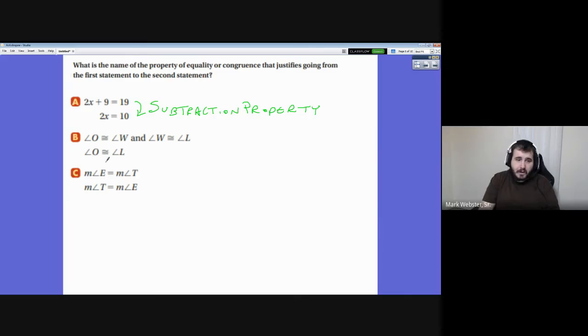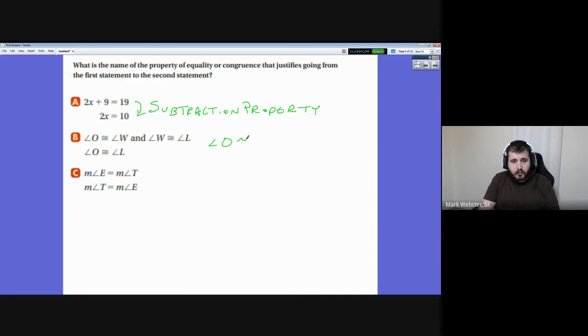Right? Now look, for part B, angle O is congruent to angle W is congruent to angle L, and then my next statement is that angle O is congruent to angle L straight away. Now, if we remember, this is the transitive property. And again, I want to motivate our understanding of that by thinking about train cars, right?